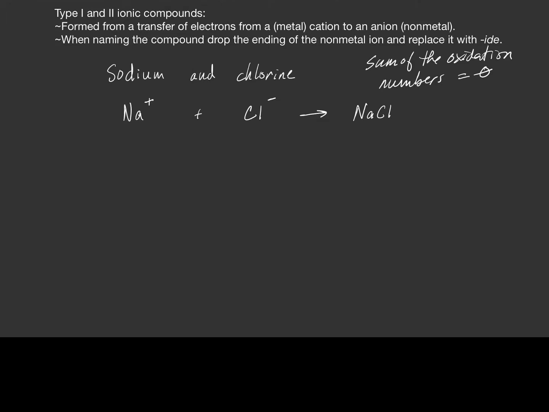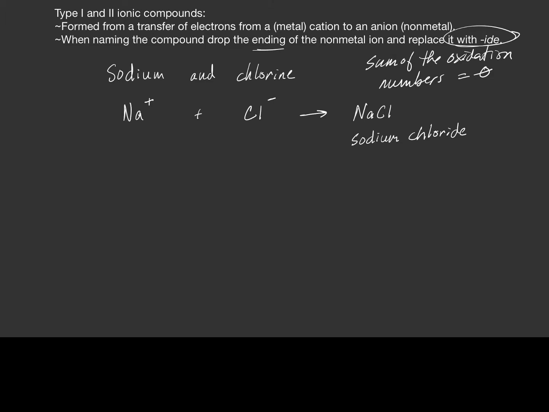formula. So the way we would call this, we know this is sodium, this is chlorine. So right here we would call this sodium chloride. And the reason for that has everything to do with this part right here. We take the ending, we drop it, and we add IDE.